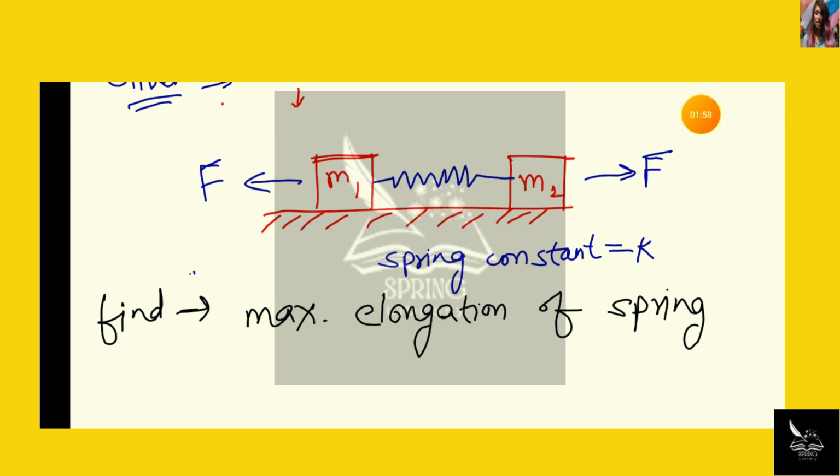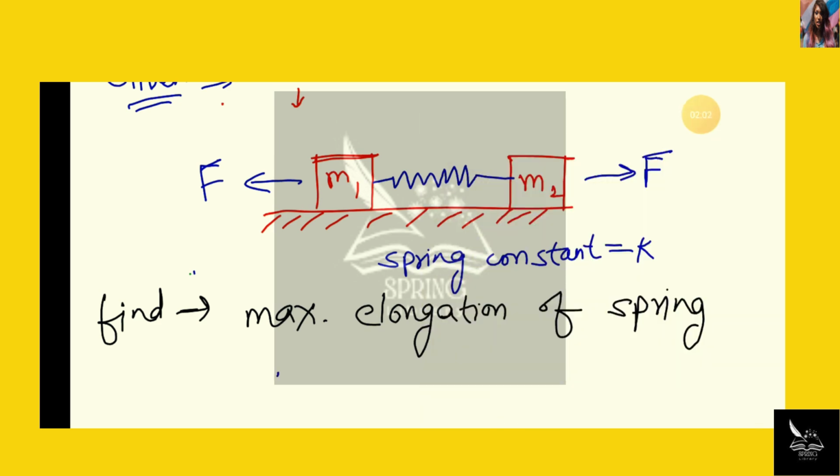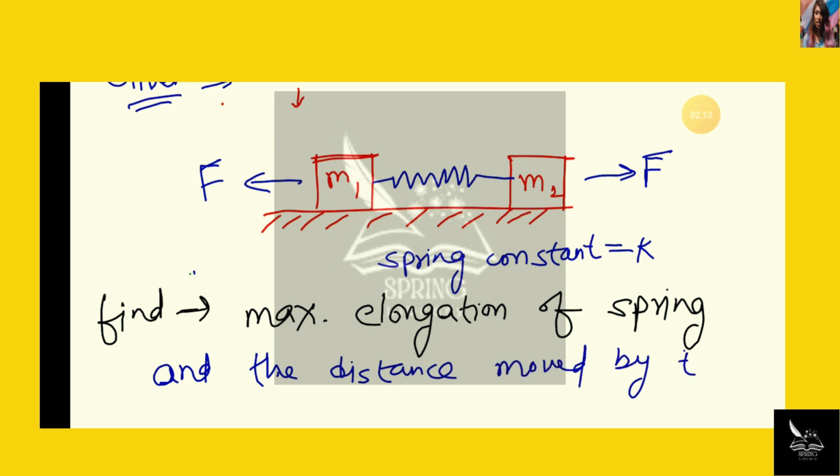In the question we have to find the maximum elongation of the spring that it will suffer, and the distance moved by the two blocks in this process. So let's start.